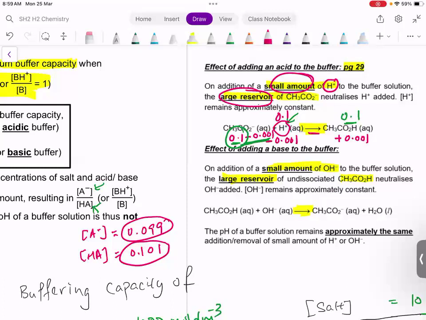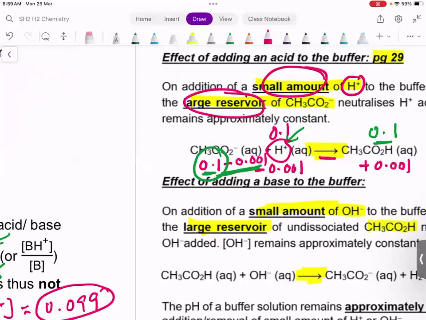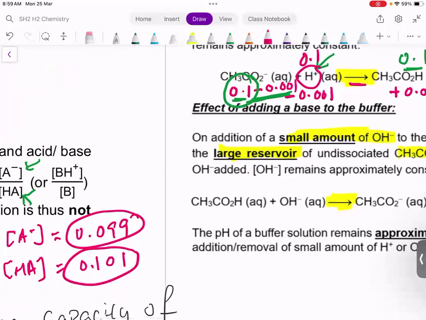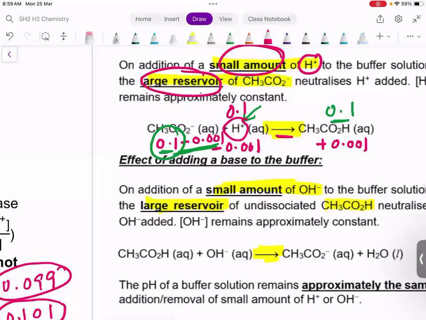I'm trying to demonstrate the importance of small amount, large reservoir. Small amount means only a small percentage of it. Does it make sense? I'm trying to use math.